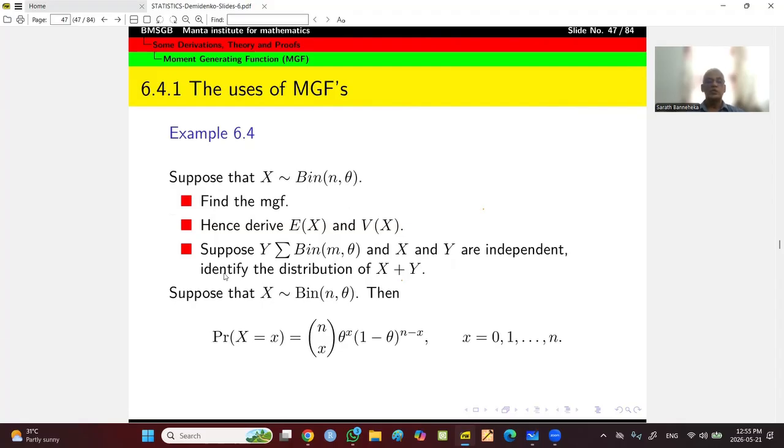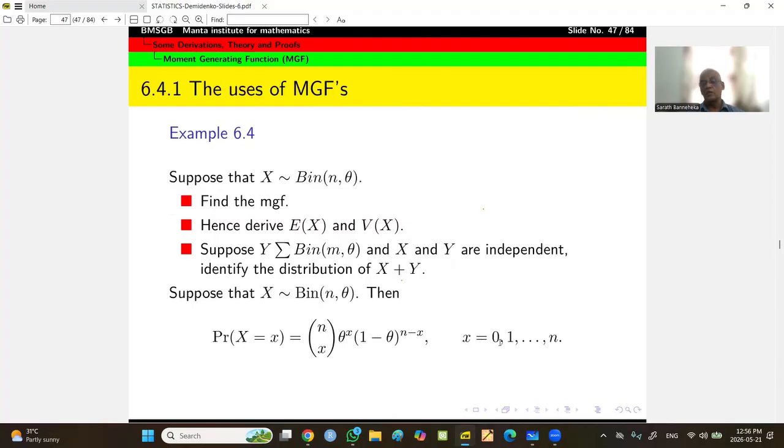Right. So let's do all these things quickly, just to show you the applications of the moment generating function. Let us start with this assumption. Suppose that x has a binomial distribution with n theta. Then we know that the probability mass function is given by this expression: P of X equal to x is equal to n choose x, theta to the power x, 1 minus theta to the power n minus x.